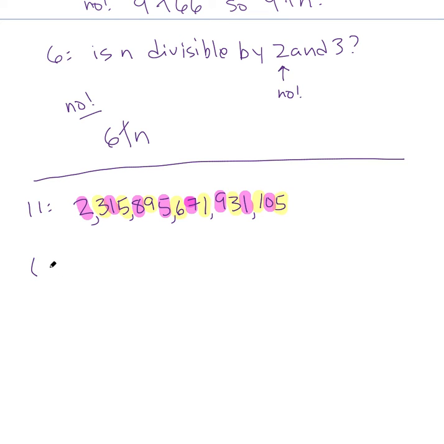Okay, so I'm going to sum up my yellow digits: 5 plus 1 plus 3 plus 1 plus 6 plus 9 plus 5 plus 3. And I'm going to subtract off the sum of the pink digits: 0 plus 1 plus 9 plus 7 plus 5 plus 8 plus 1 plus 2.